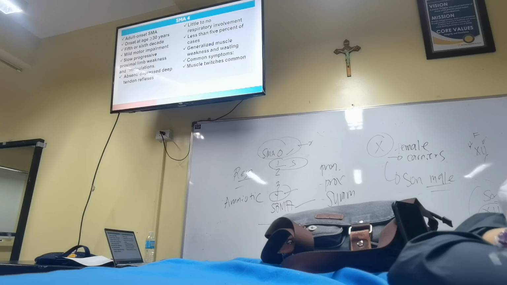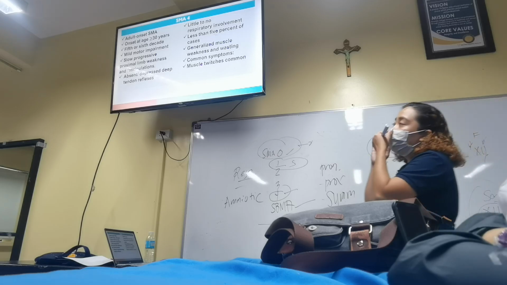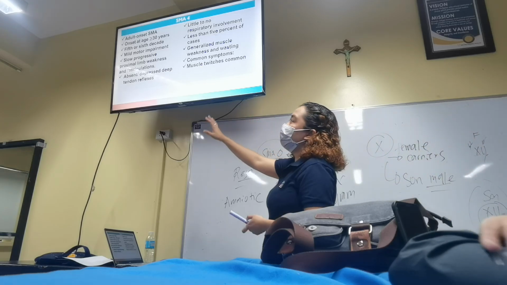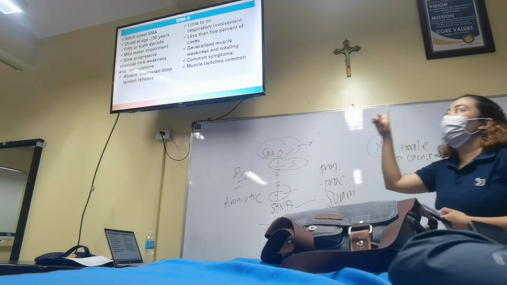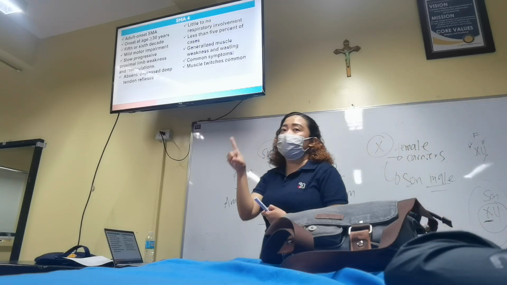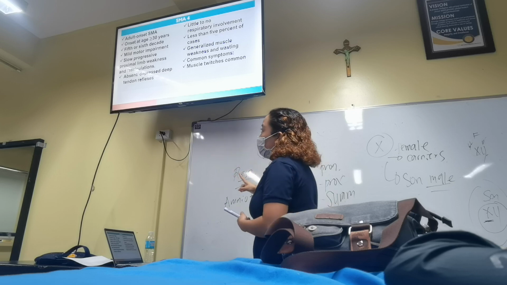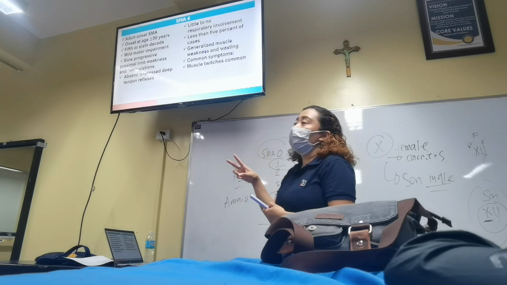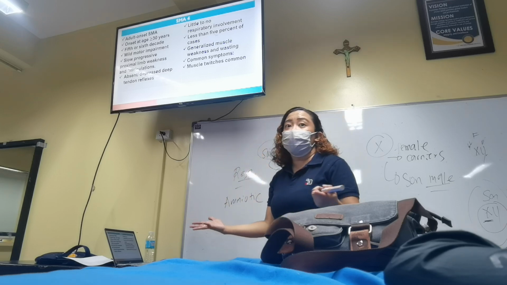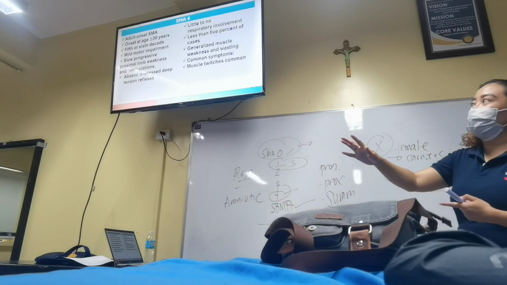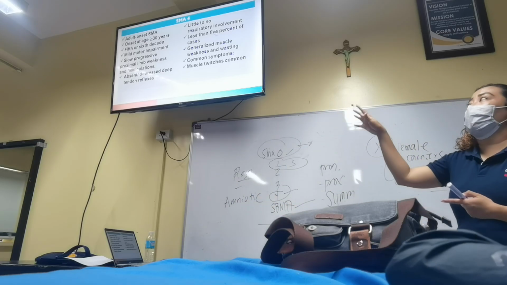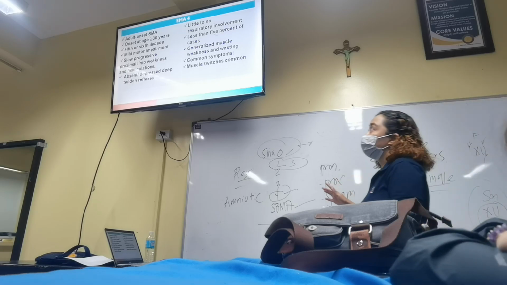Is that clear? Now with that, what do we need to know about the clinical manifestation? Number 1, progressive proximal limb weakness and fasciculation. It might be the tongue or it might be the lower extremity. Then, the patient will manifest decreased or absent DTR.